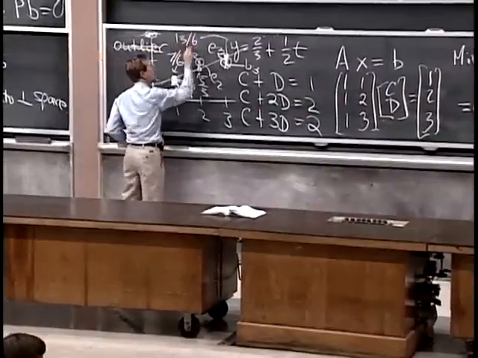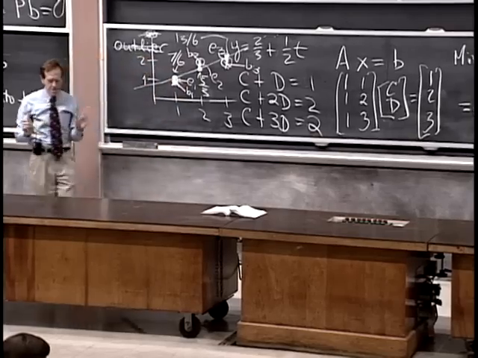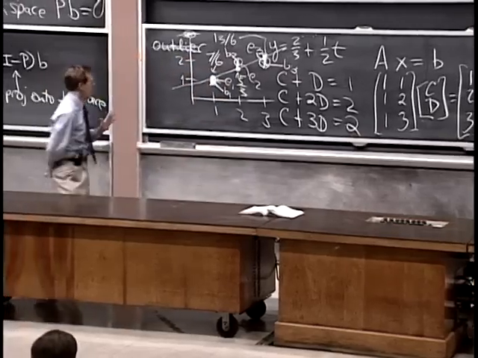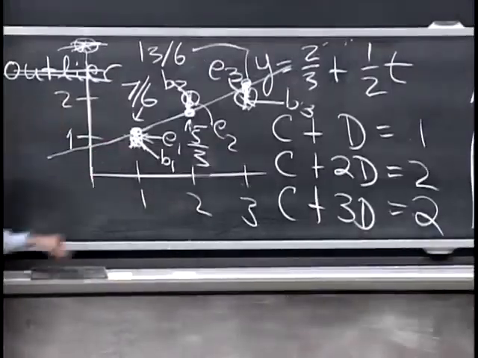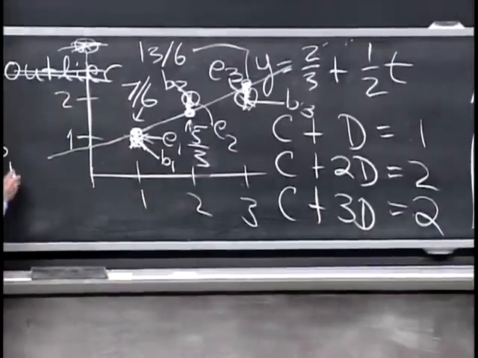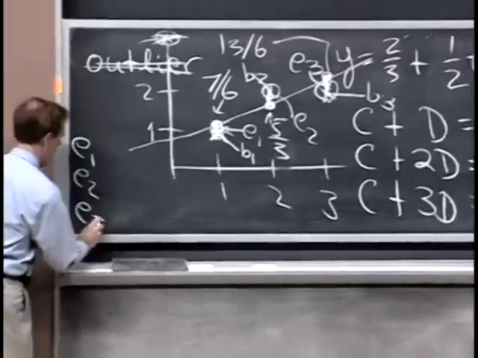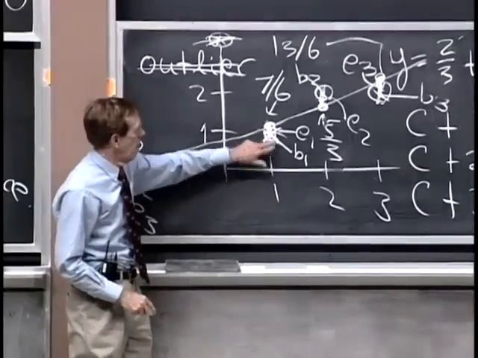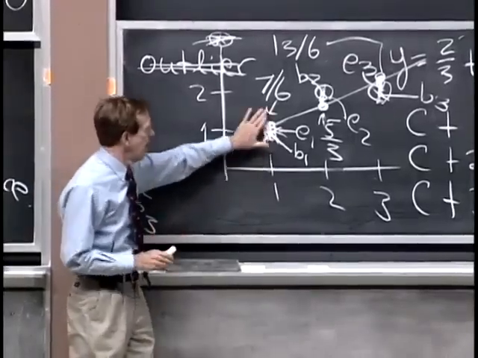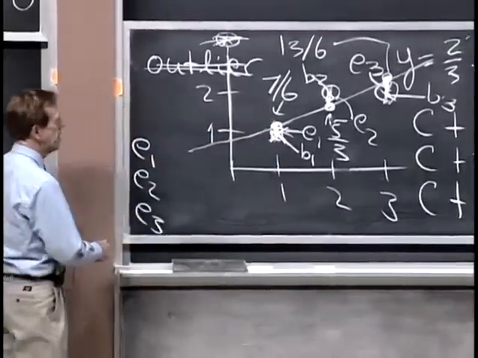Okay. And again, look at this. You have to admire the beauty of this answer. What's this first error? So here are the errors, E1, E2, and E3. What was that first error, E1? Well, if we decide the error is counting up, then it's 1/6.